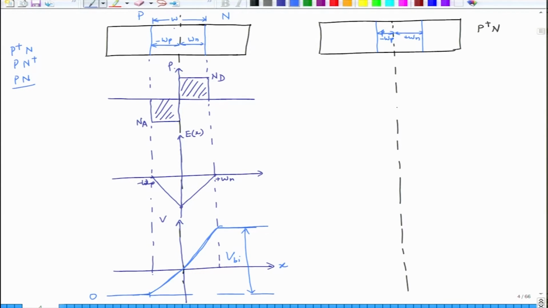This would be the negative fixed charges, this the positive fixed charges. Now if you plot the charge density, the charge density in this region is higher but for a shorter distance, and in the other region it is lower but for a longer distance.